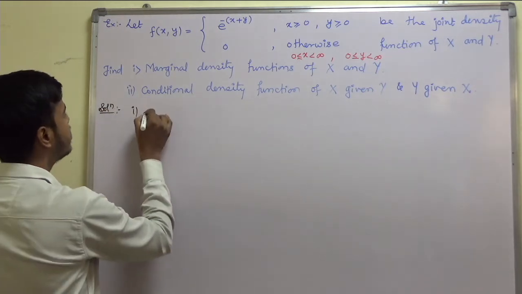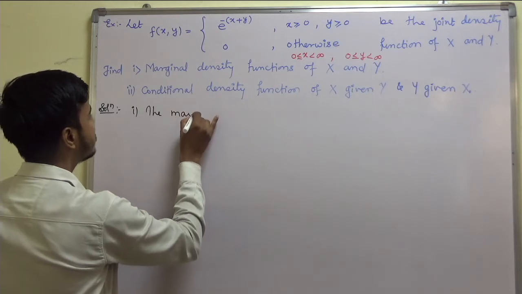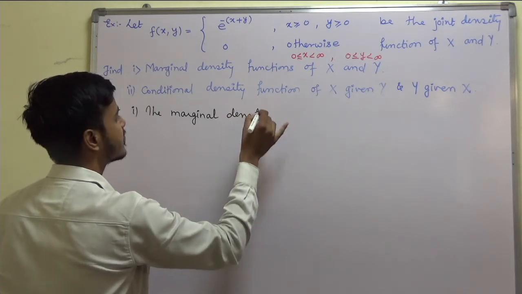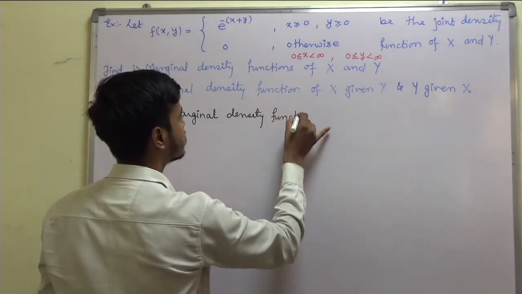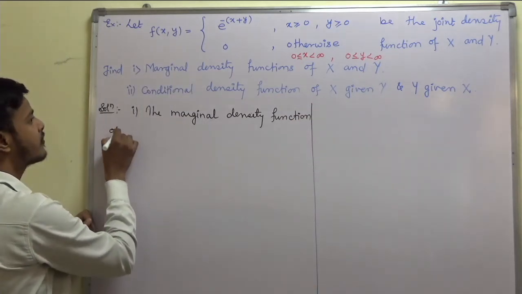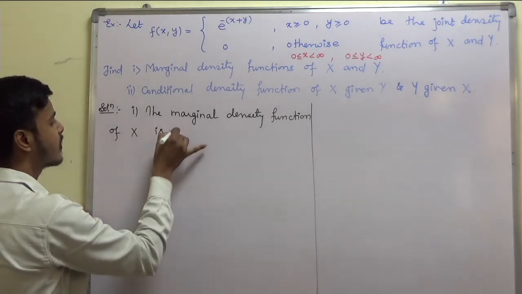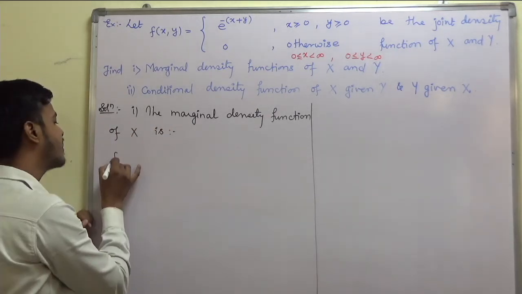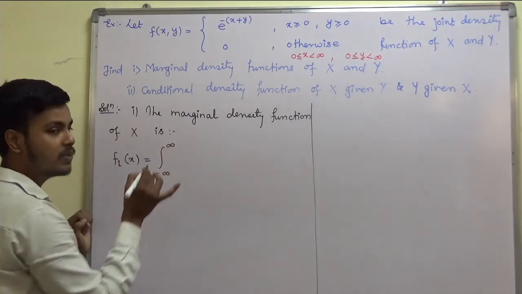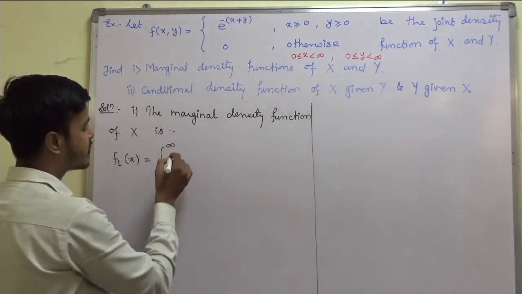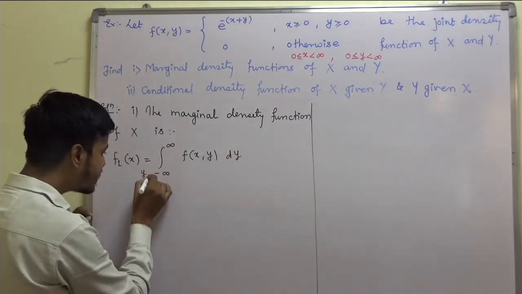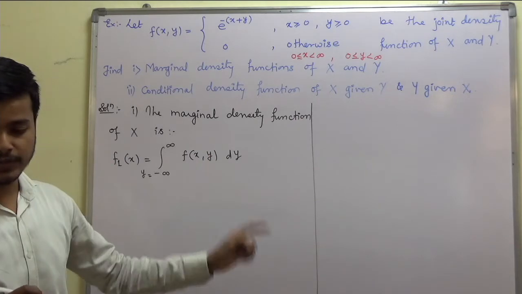Number one, the marginal density function of x. It is denoted by f1 of x, and it is given by the integral from minus infinity to infinity of f of x, y dy.